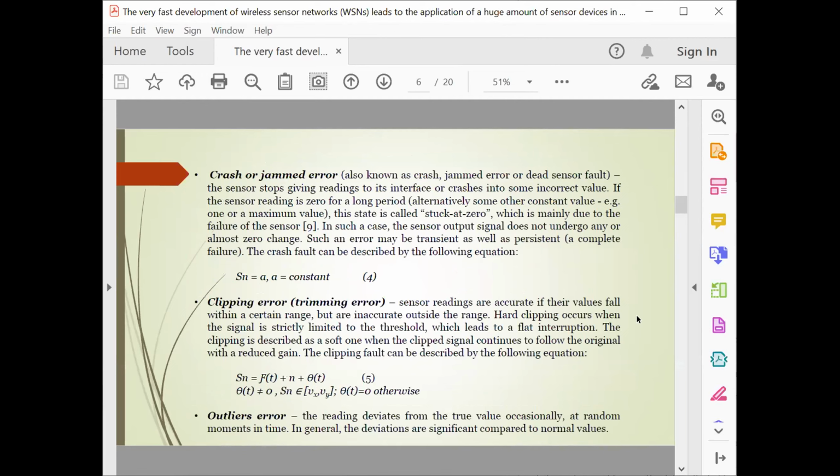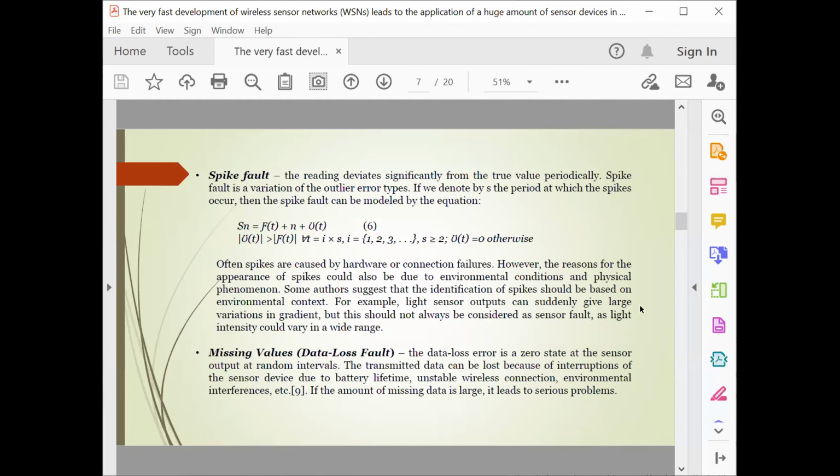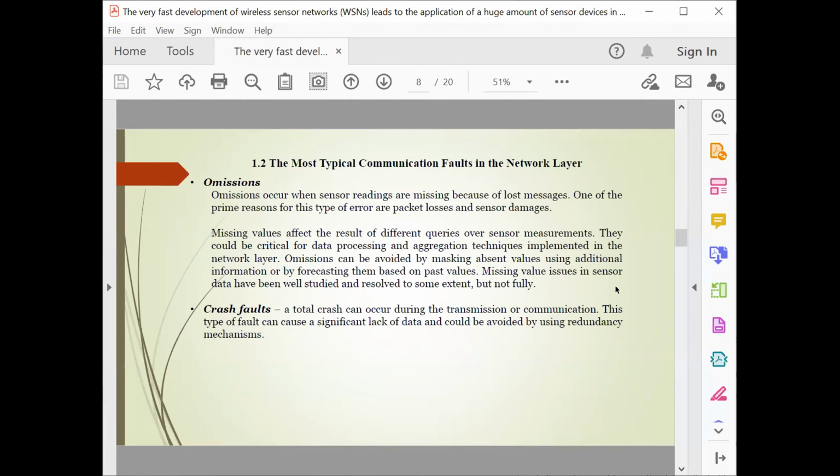On the next slide, several other typical errors are presented: crash or jammed error, clipping error, outlier error, and the list continues with spike faults, missing values, and some other types.